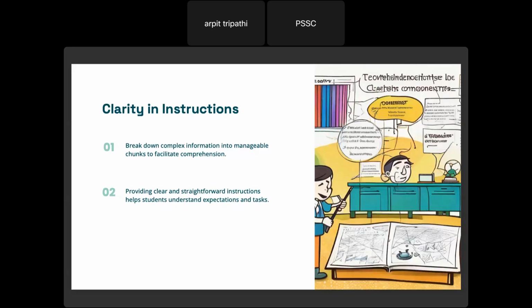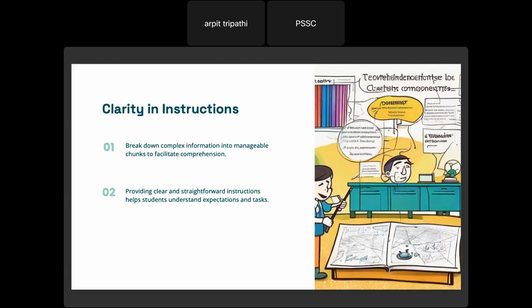Also, organizational tools: use organizational tools such as outlines, diagrams, charts, or concept maps to visually represent the relationship between different concepts and ideas. This helps students see the bigger picture and understand how individual pieces of information relate to each other.